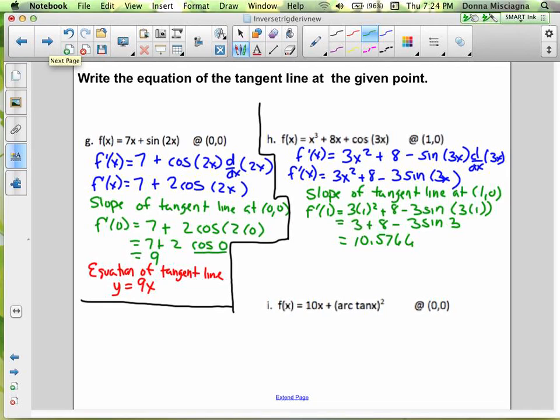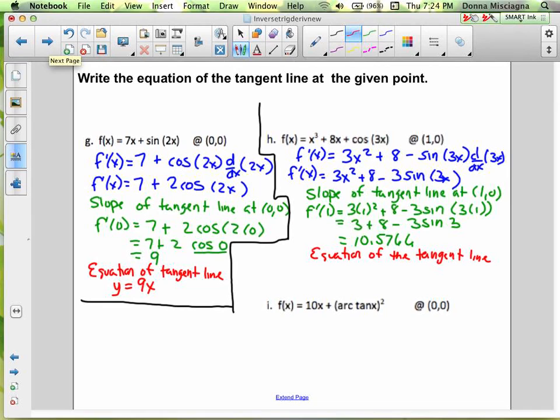Now we can write the equation of the tangent line. I think 11 minus 3 sine 3 being our slope would be a little ugly, so we'll simplify to a decimal equivalent.